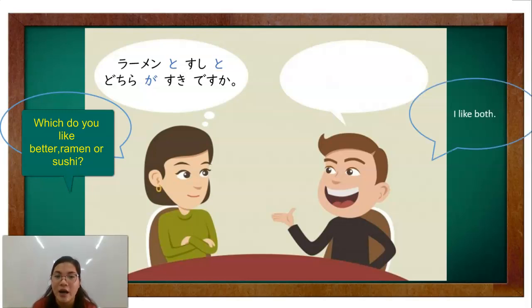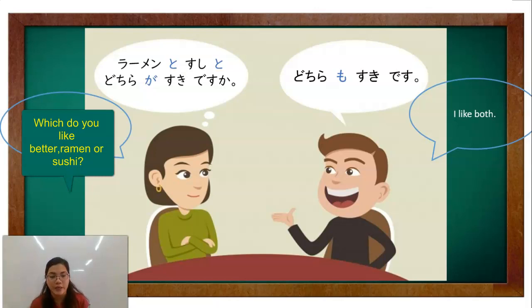And he answered, I like both. Okay? So when you say both, you will say, dochira mo suki desu. That means kahit alin sa dalawa gusto mo. I like both of the two.